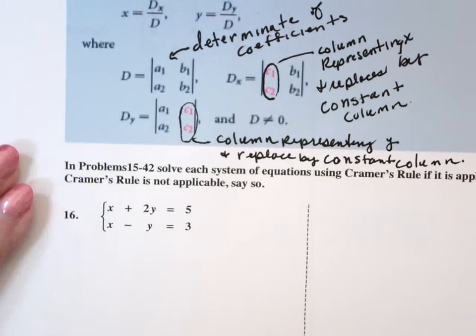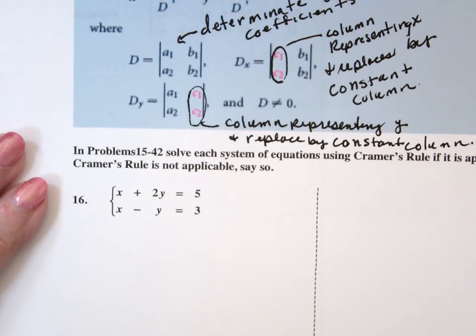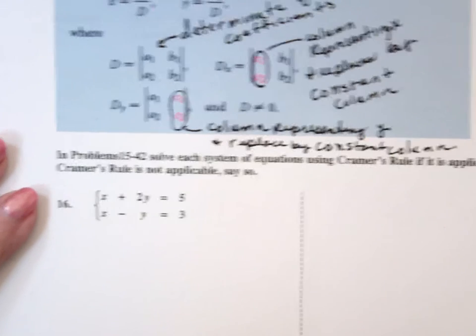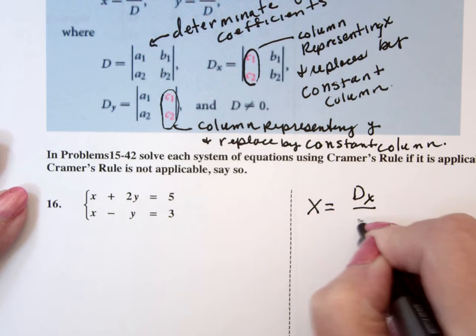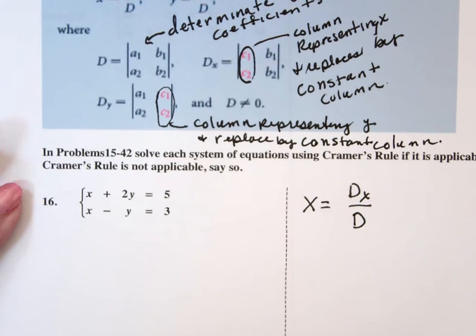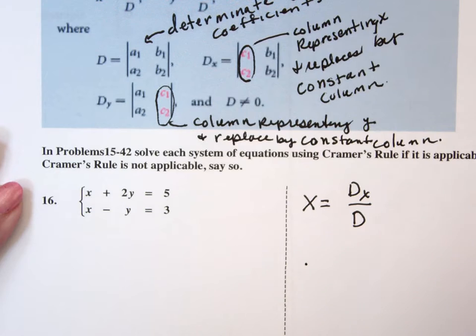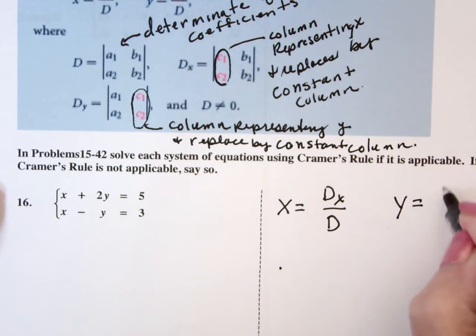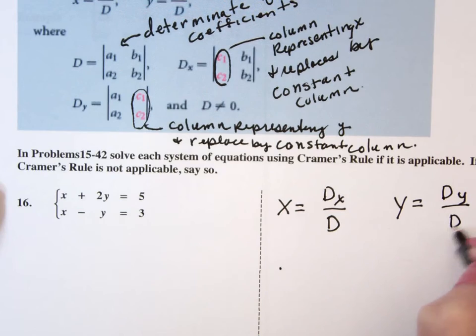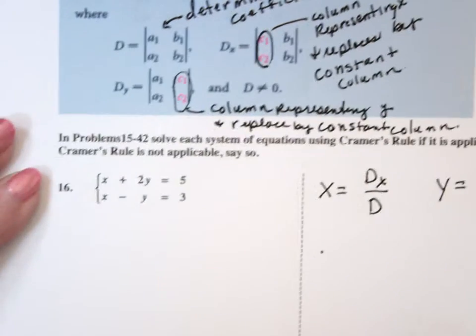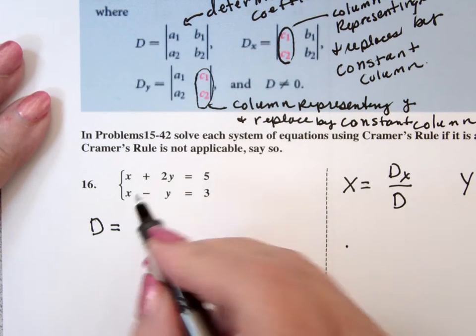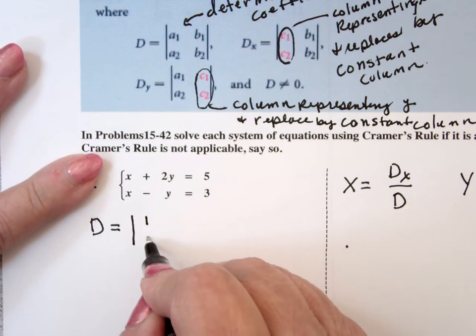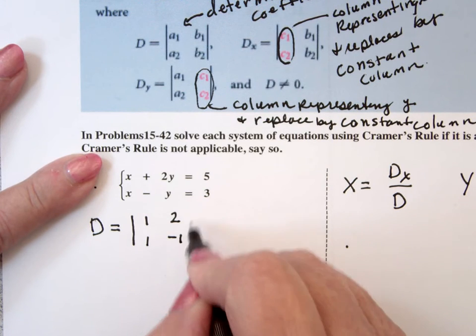So here we go. Here's my system. First thing that I do, I calculate out the 3 determinants. So I know that x is going to be D sub x over D, and then y is going to be D sub y over D. So the 3 determinants, D is 1, 1, 2, negative 1.